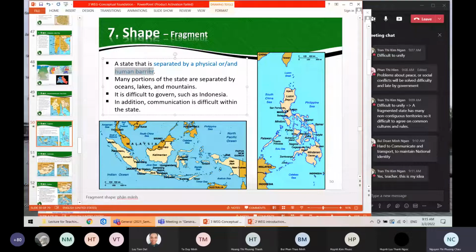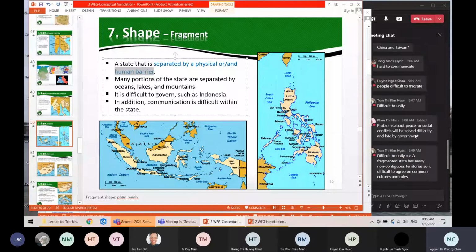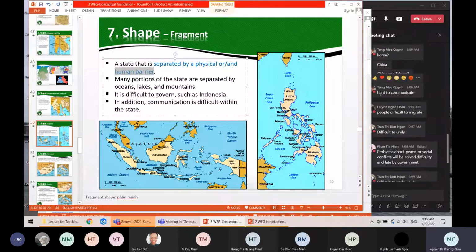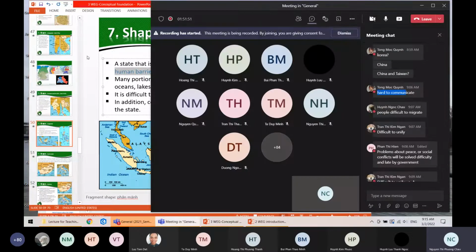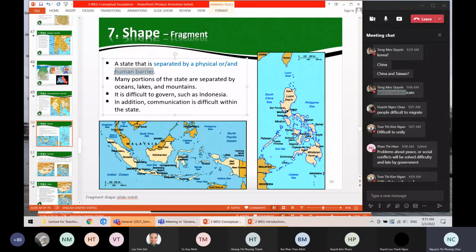Some of you mentioned about human barrier, so we should look back. It's hard to communicate. Yeah, it's hard to communicate. People cannot communicate together. That is a human barrier, right?